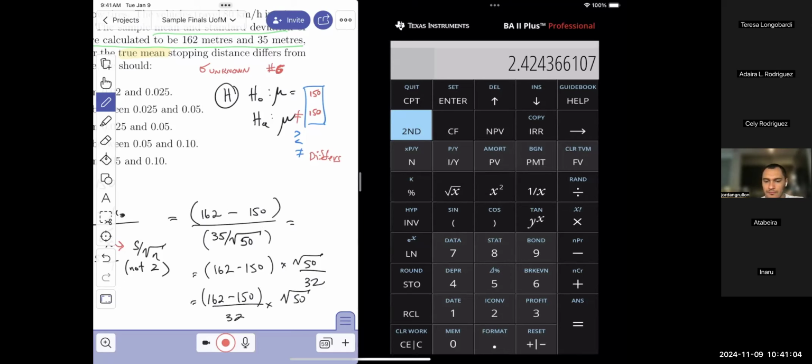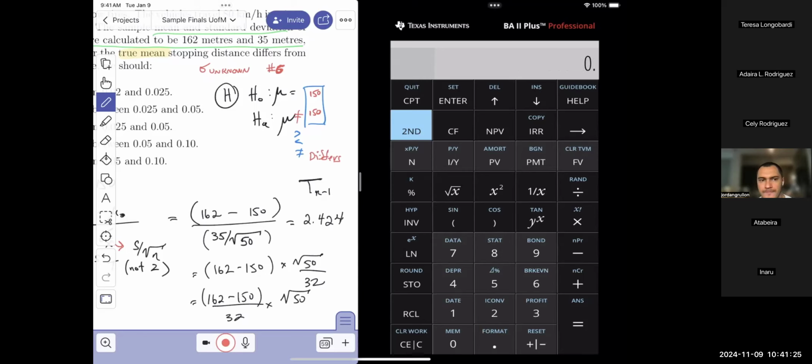So make sure you can get my answer, 2.424. I'll keep one more decimal because I have to look this up on the T table. Which T table row do I use? I have to go to the row with n minus 1 degrees of freedom.